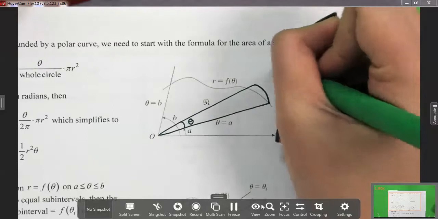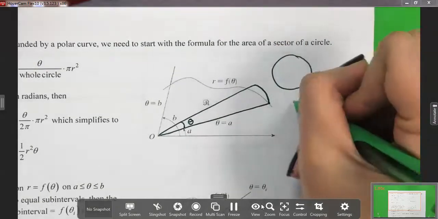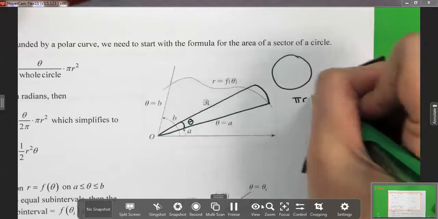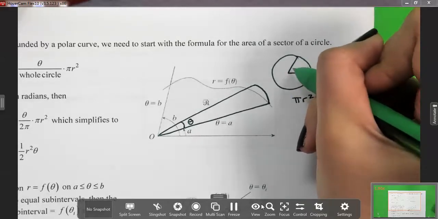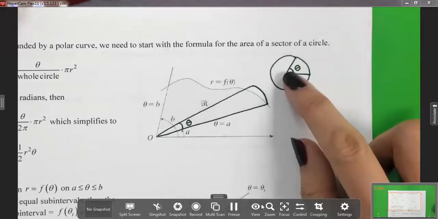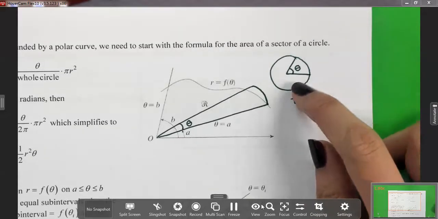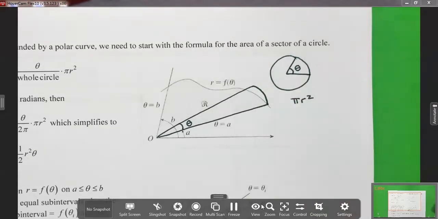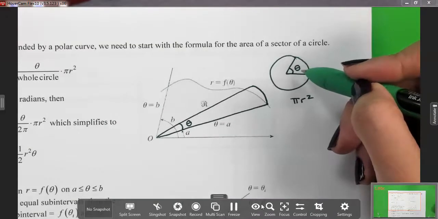If I have a full circle, what's the area of a full circle? Pi r squared, right? And then I want a certain portion of the circle, and say I want 30 degrees of the full circle. You would want to find what percentage of the circle theta makes up.